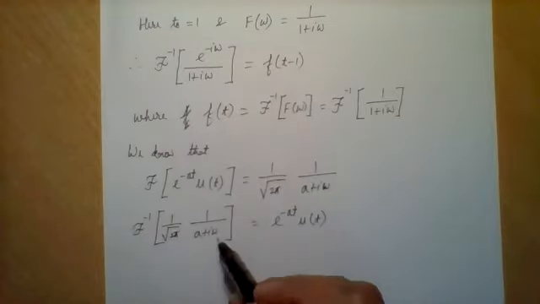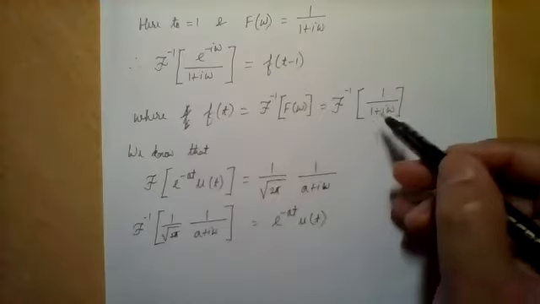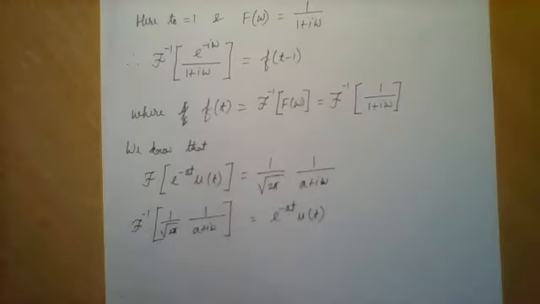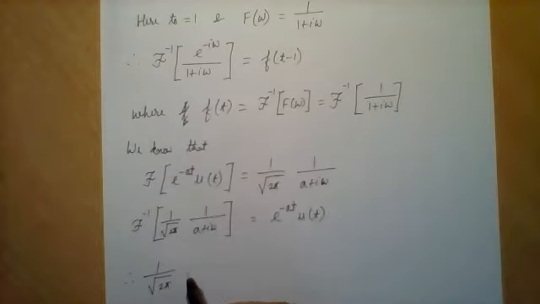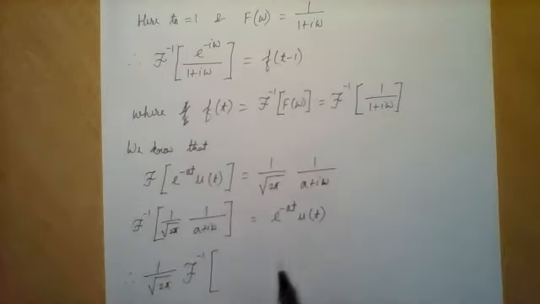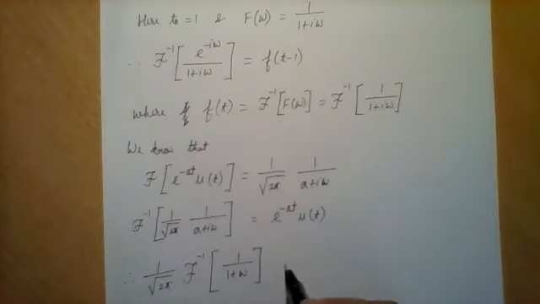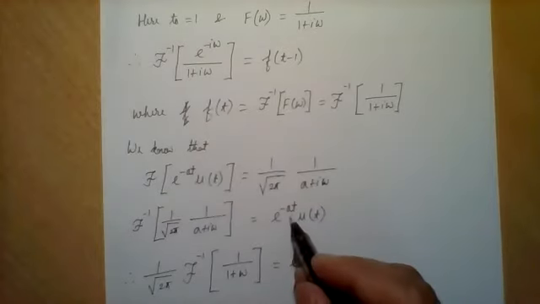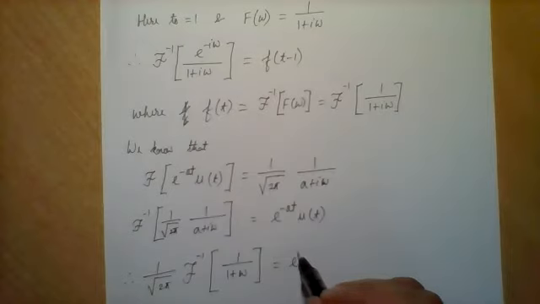So now you compare this and this. What do we get? Therefore, 1 by root over twice pi times the inverse Fourier transform of, if I put a equal to 1, 1 by 1 plus I omega, would be equal to e to the power minus t u of t.